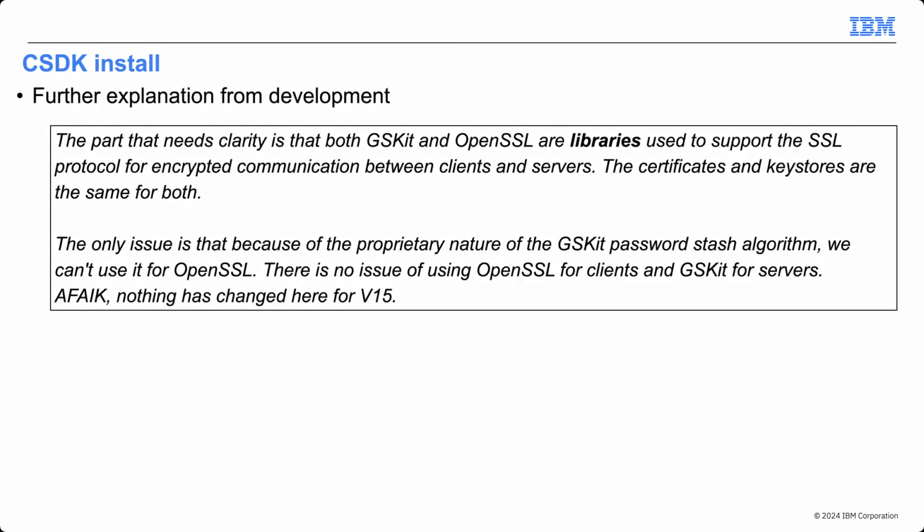You just have to make sure that your stash files and so forth are compatible with what the engine provides and functions with. So just a little clarity on that. And I'm sure Tom will go into a little more detail when he talks about his configuring with OpenSSL talk in just a few minutes.